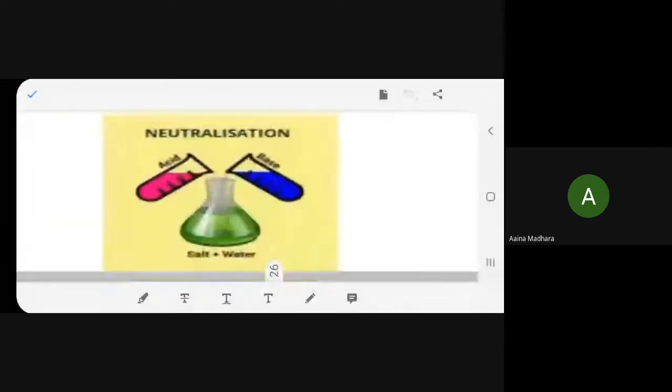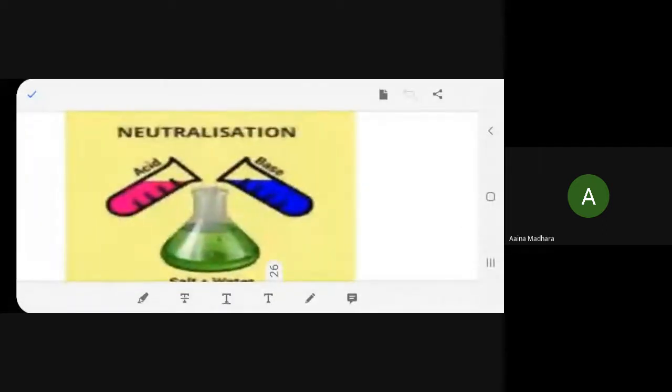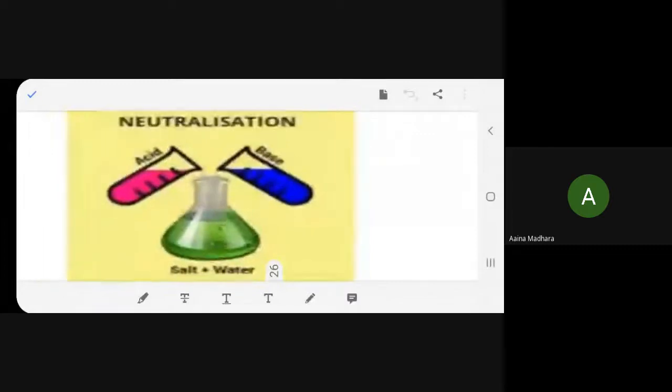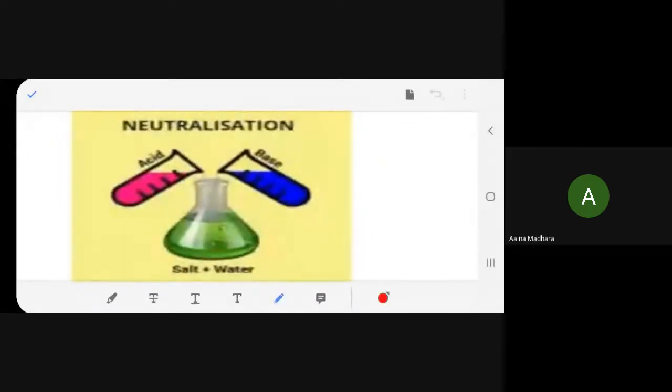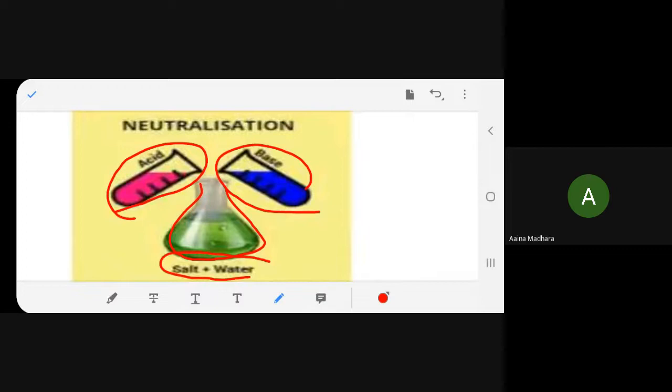See, what is happening over here? Acid and base are mixed in this conical flask. And what do we get? Salt and water.